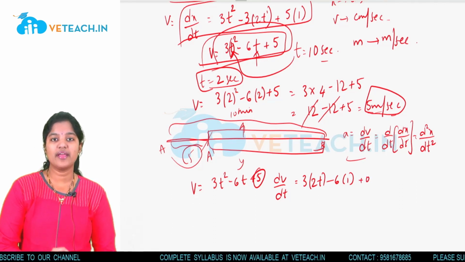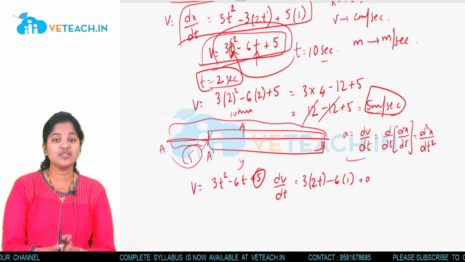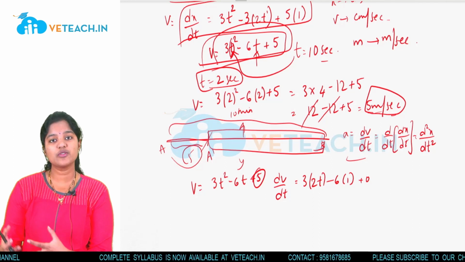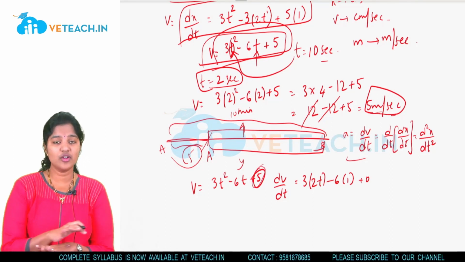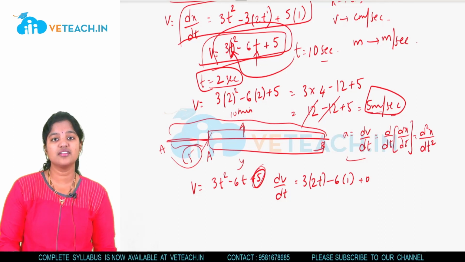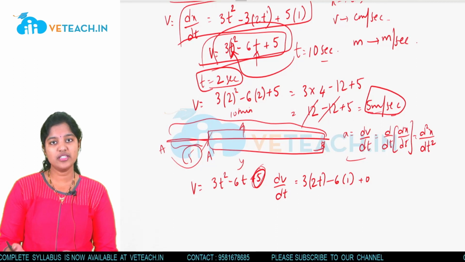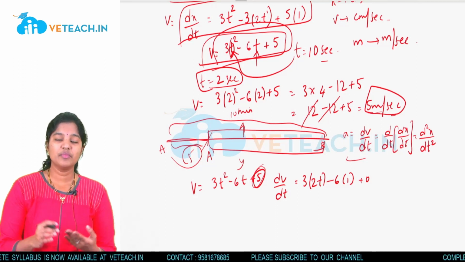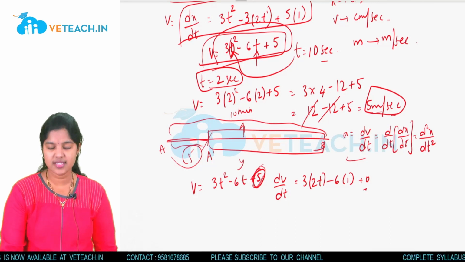Because differentiation itself defines the values which keep on changing. Here constant means it will be stable. It will not change under any conditions. That means if it does not change, the value of differentiation will be 0. That's why we always define constant differentiation as 0.